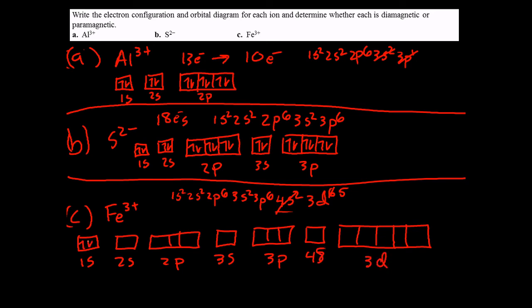Alright, so that one's full, that one's full, this one I know is full, 3s is full, 3p is full, 4s is empty. And then we have 1, 2, 3, 4, 5 electrons, all in their own orbitals with parallel spins.